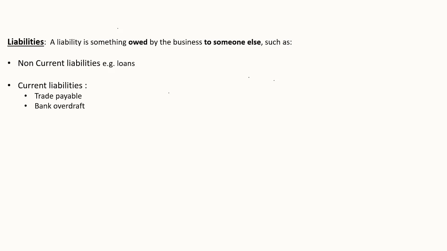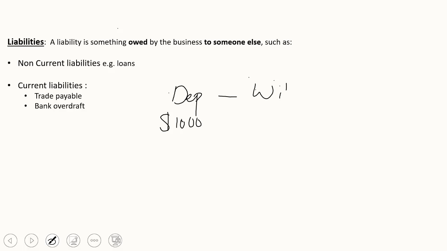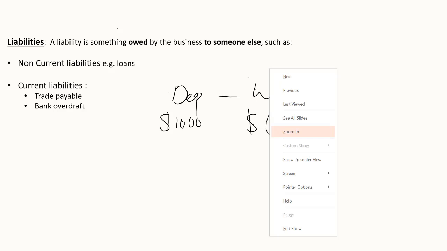Bank overdraft. It is the facility given by the bank. Money is withdrawn from the bank in excess of your deposit. For example, you deposited $1,000 in the bank, but the bank allowed you to withdraw $1,100.